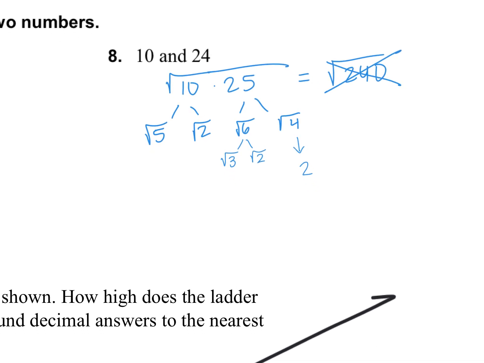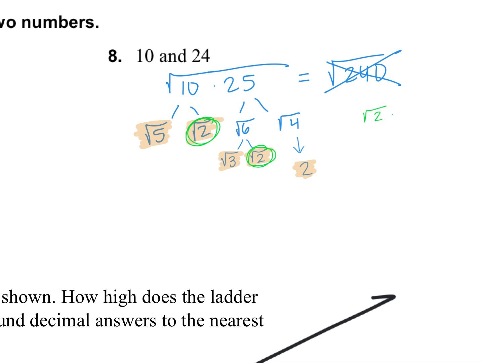And now I'm going to see what I have because I can't simplify it anymore. So what I have left over, I have radical 5, radical 2, radical 3, radical 2 and a whole number 2. So if I'm looking at this, I normally like to tell you guys look at the pairs. I have 1 here and 1 here. I'm going to solve it right here.